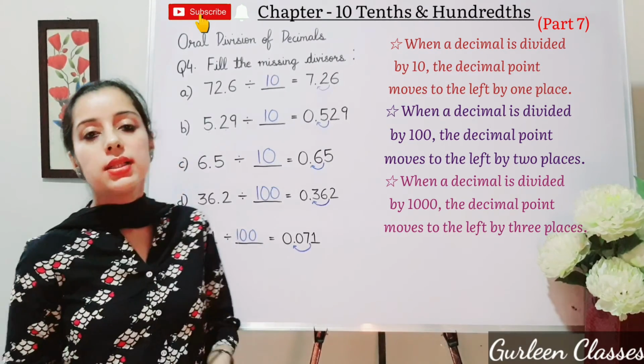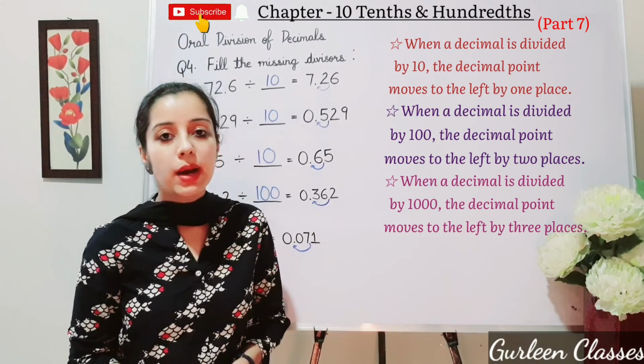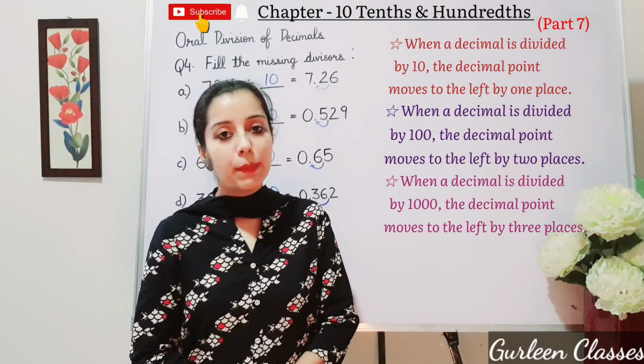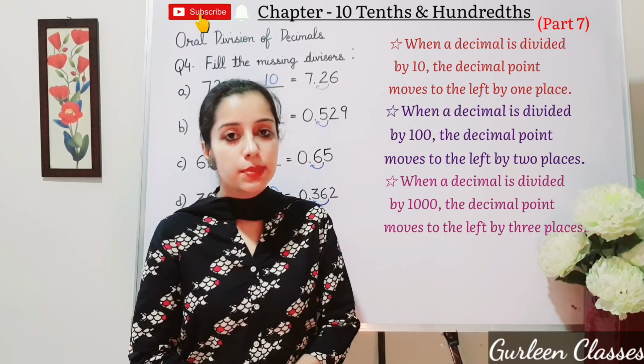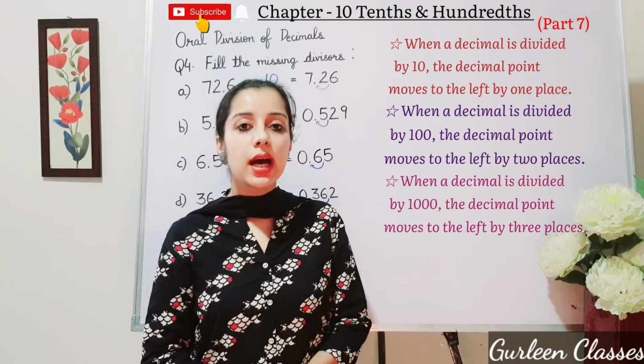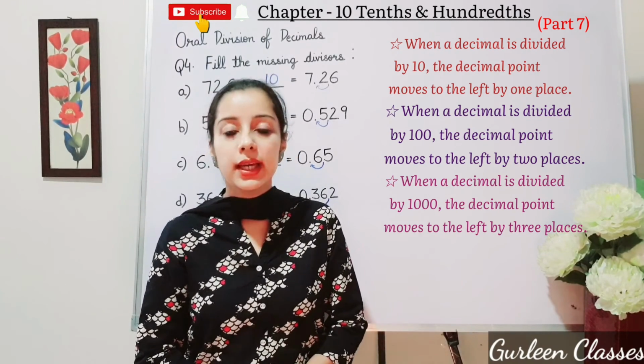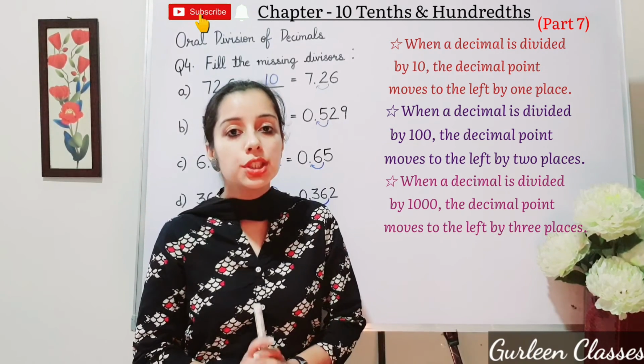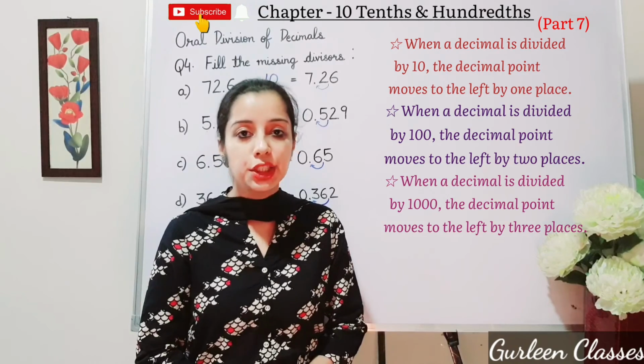I hope students oral division of decimals by 10, 100 and 1000 is clear. Today we have completed oral division of decimals, and in the previous lecture we completed oral multiplication of decimals. Both topics are very easy. You just have to keep in mind the directions.